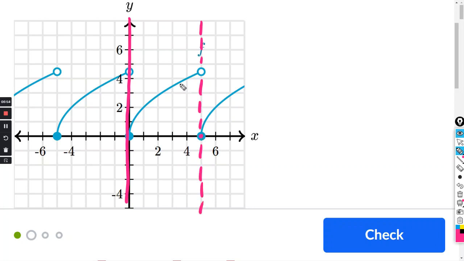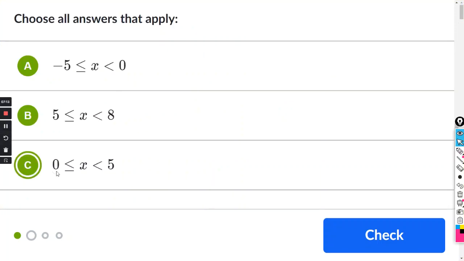A horizontal line on anything on this graph is only going to intersect once, even down here, because 5 is not included. So again, it's still invertible. So C is also correct. Choose all answers that apply: all 3 answers apply.